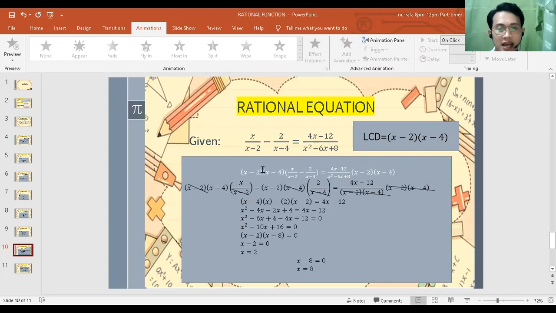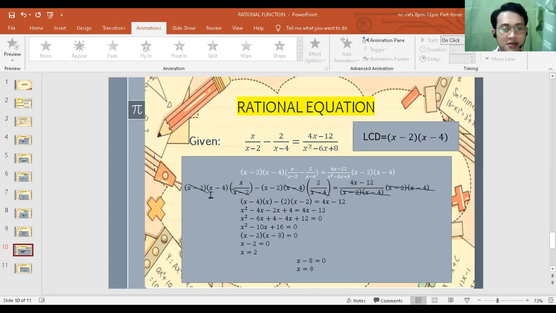On our left side, it looks like this. On our right side, it looks like this. So we do it one by one, one at a time. Let's have first the expression x all over x minus 2 multiplied to the LCD. It should look like this. We cancel out x minus 2 and x minus 2 because they are equal to 1.